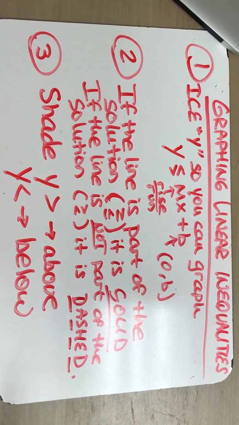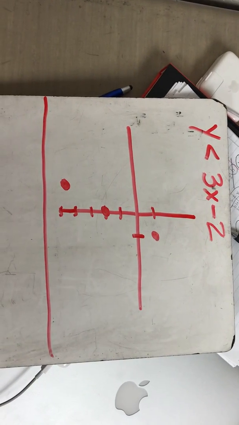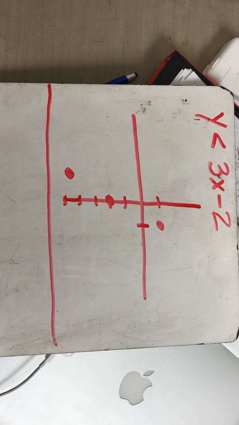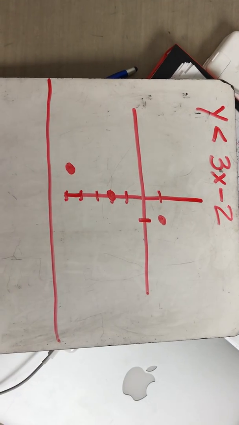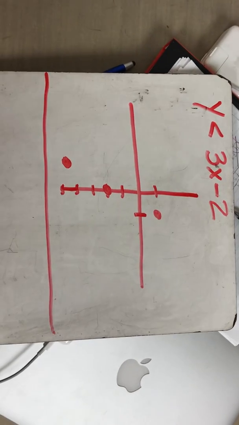Here's an example. If I have y is less than negative 3x minus 2, my step number 1 of icing y so that I can graph it is already done.